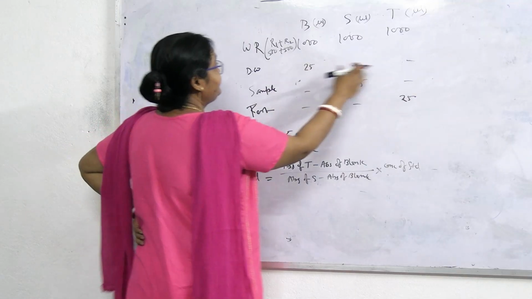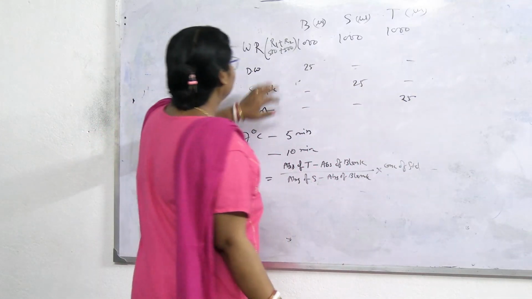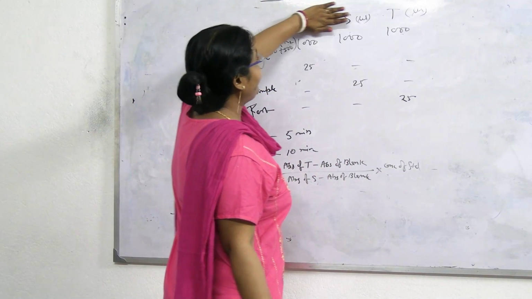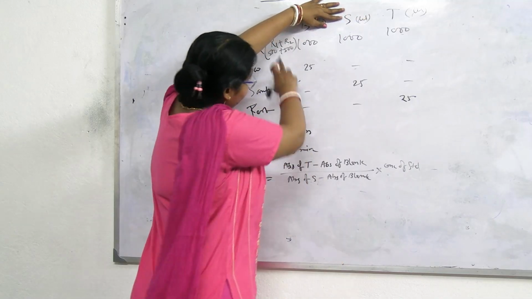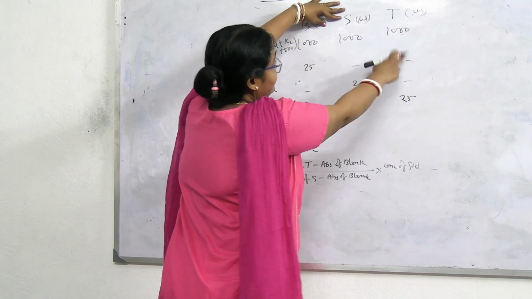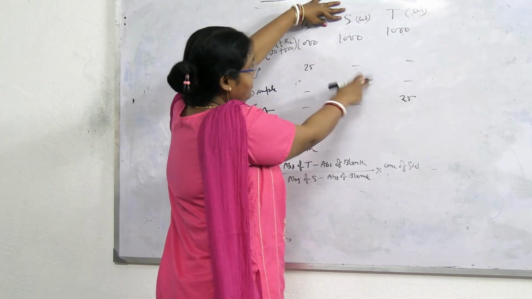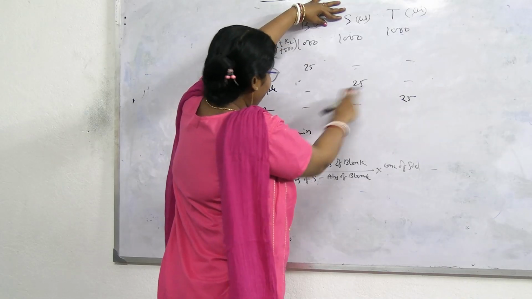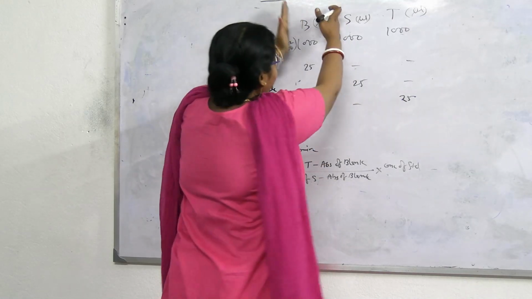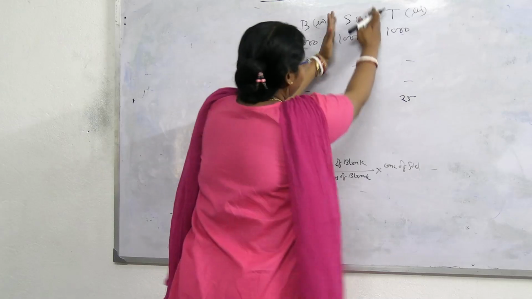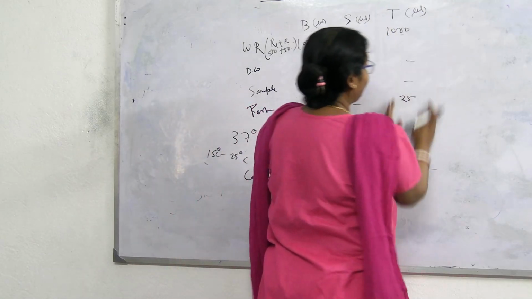These are the 3 test tubes we are taking. This is the correct order. 1000, 1000, 1000 distilled water, and this is the sample, this is the test. And I am saying we are taking the blank here, the standard here, and the test here.